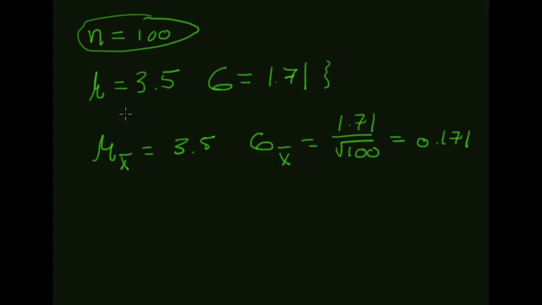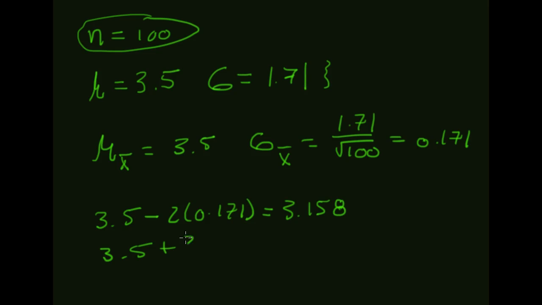So just putting this into the language that we've done before. If I take samples of size 100, ordinary results here should be between 3.5 minus 2 times 0.171, which is 3.158, and 3.5 plus 2 times 0.171, which is 3.842.